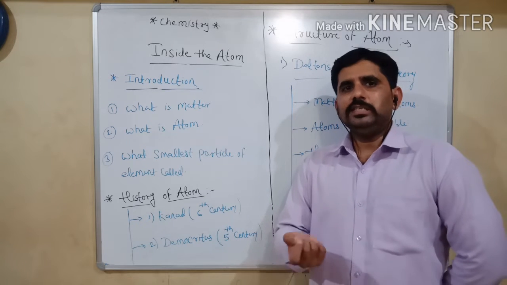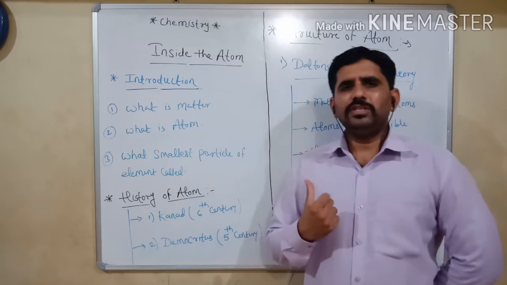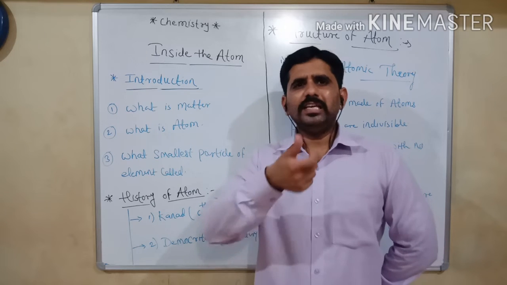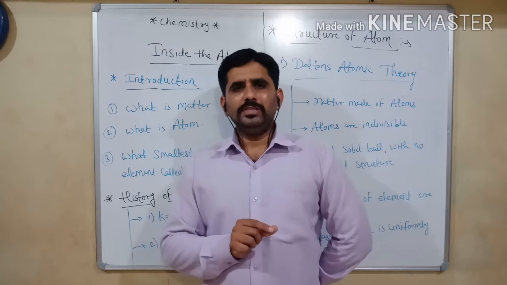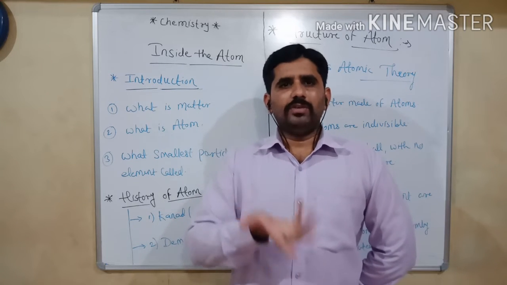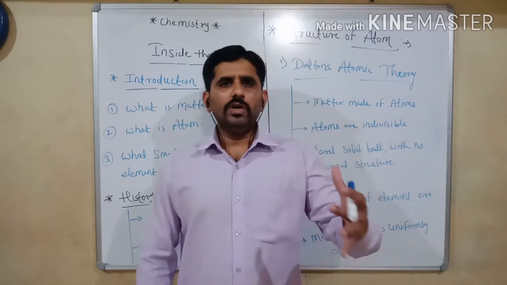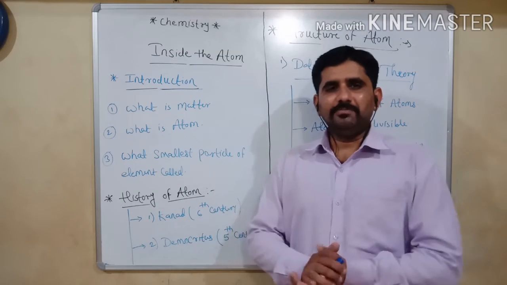The word atom actually comes from Greek. The earlier name was atomos, which means a single type of component, and from that atomos the word atom was created. So this is the history regarding the atom.